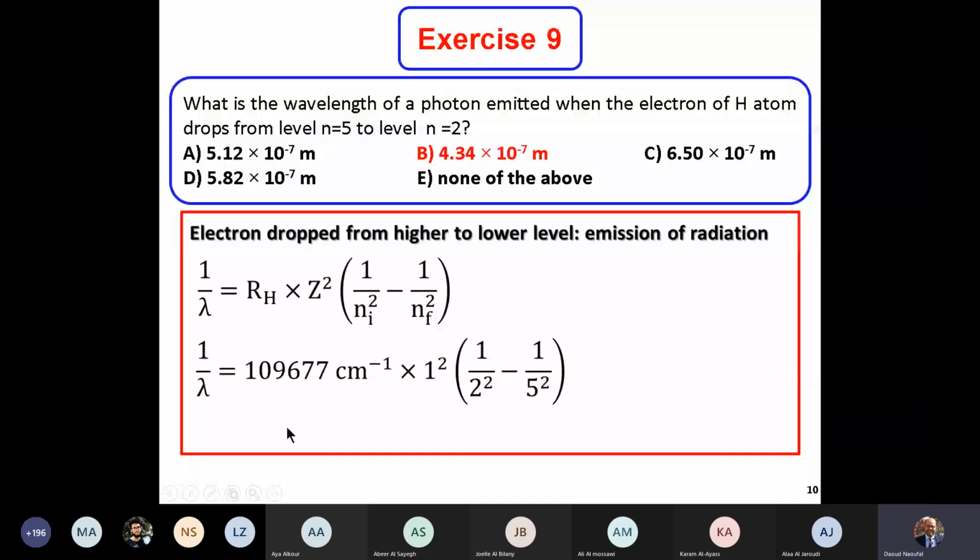So we calculate lambda this way, and lambda should be in centimeter, 4.34 times 10 to the minus 5. We transform the centimeter to meter by multiplying by 10 to the minus 2, so it equals 4.34 times 10 to the minus 7 meter. The correct answer is B.